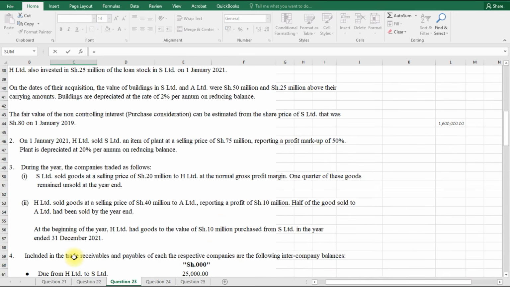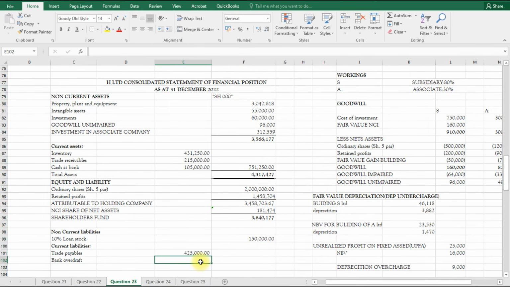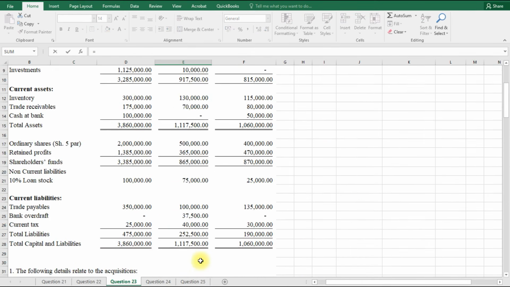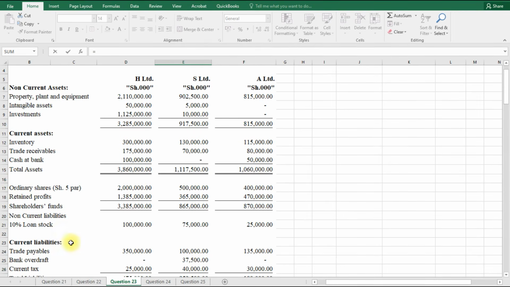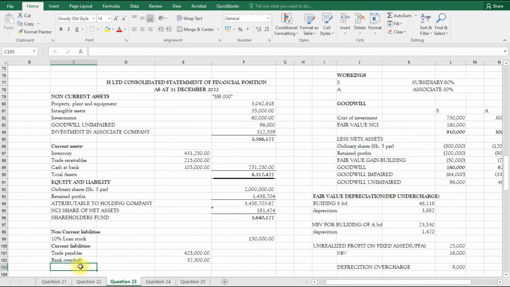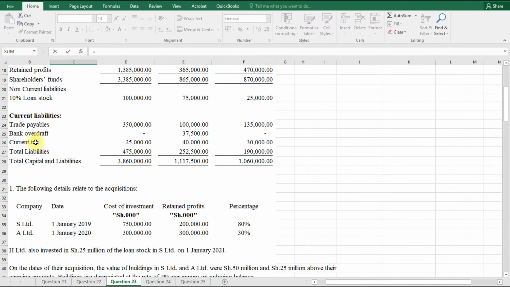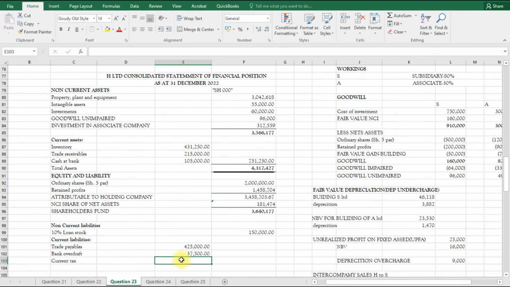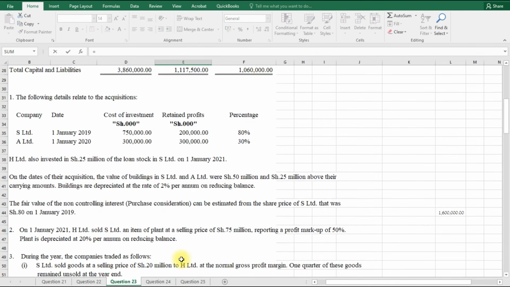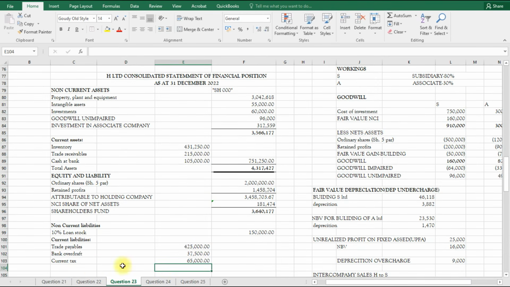The second category we had the bank overdraft, this one. I enter, and the last category there we had the current tax, and for current tax we shall take this, we add this value, and we enter. I think that's all there.